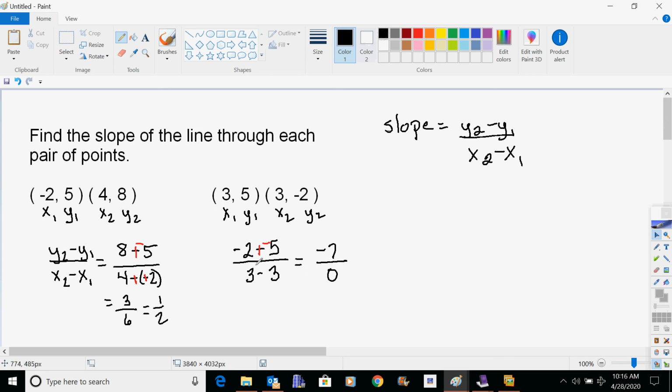If you have something like this, you need to write the word undefined or no slope. If you leave it like this, you can't get all the points because you have to actually know what that slope means. So our slope here is undefined. If you had a 0 in the numerator instead of the denominator, you would need to reduce it to just plain 0. So just so that you remember that.